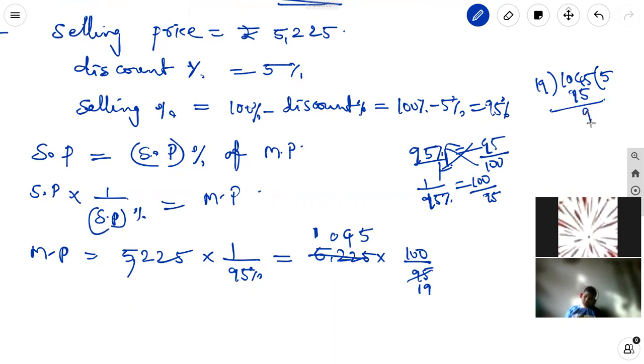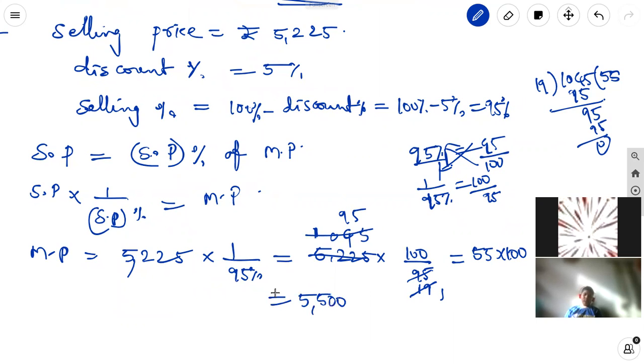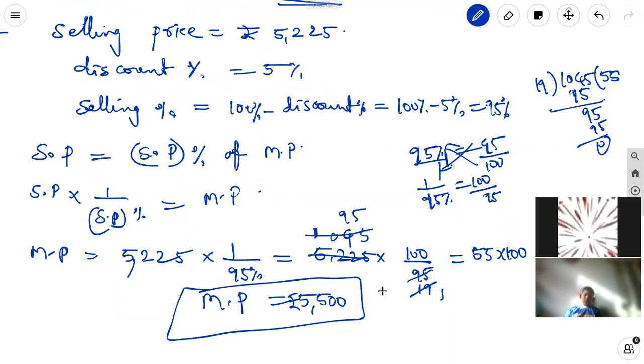Here we are getting again 9 5. 19 fives are 95. Isn't it? Here 104 minus 95 is 9. So 0. This is equal to 55 into 100. 19 ones are 19, 95. 55 into 100 is 5,500 rupees. The market price is 5,500 rupees. This is the market price.